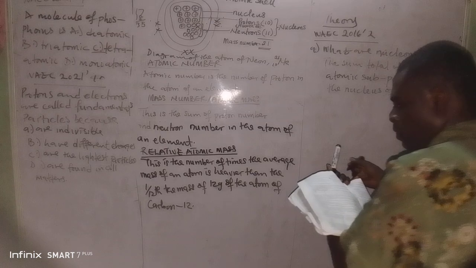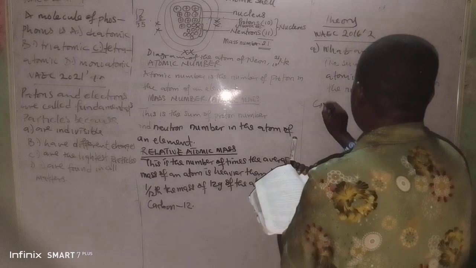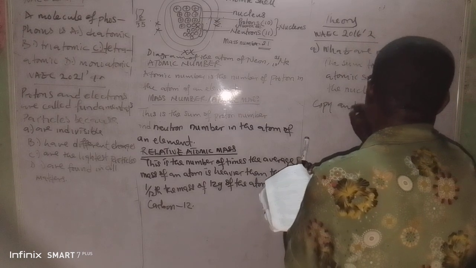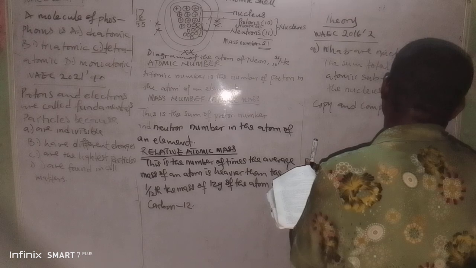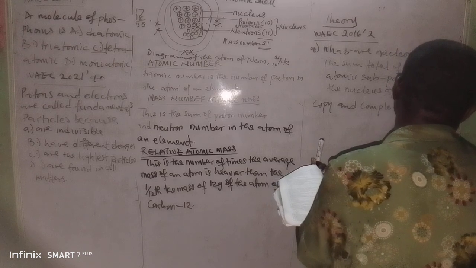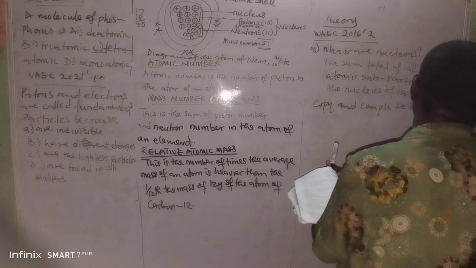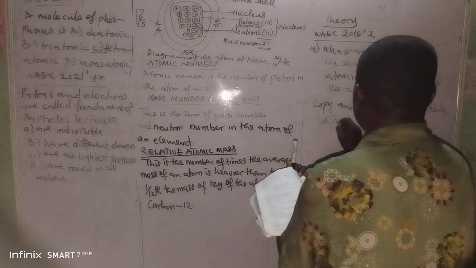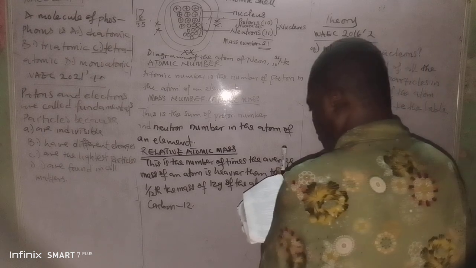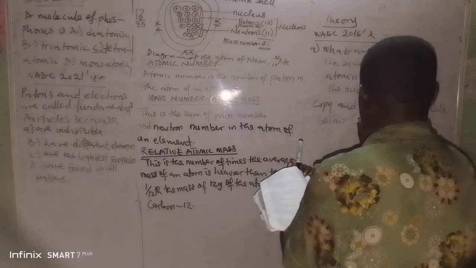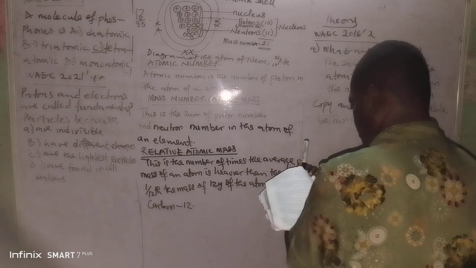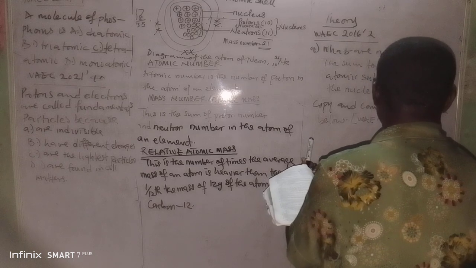So quickly, they say we should copy and complete the table below. It's going to be our last question. This one is WAEC 2013 question 1.